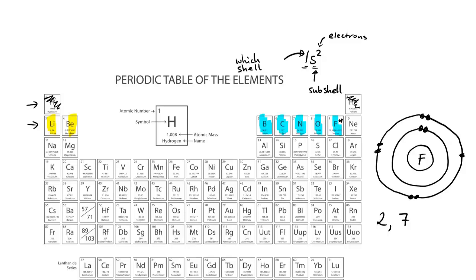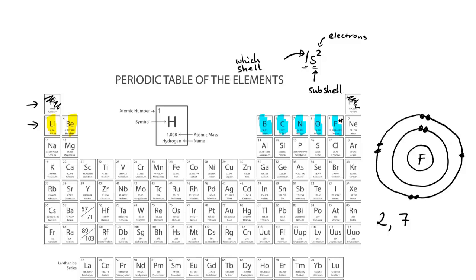So you can see that to get up to fluorine, in the second shell you'll first have a spherical orbital to fill, and then guess what? The blue one indicates the other subshell, the p subshell.